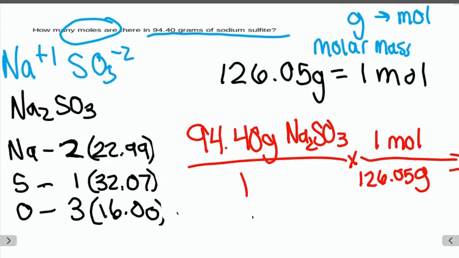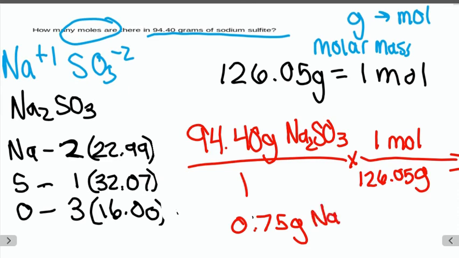So now we will multiply across and divide down just like we have been doing for the past conversion problem. So 94.40 times 1 is simply 94.4 because we're multiplying it by 1. And then we're going to divide by 126.05. Our answer is 0.75 grams of sodium.